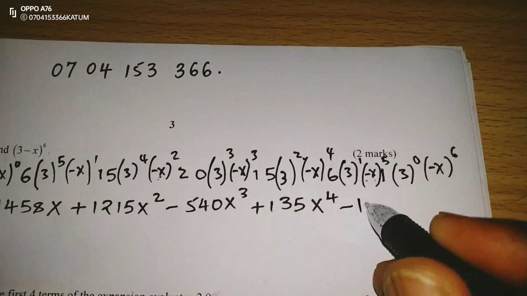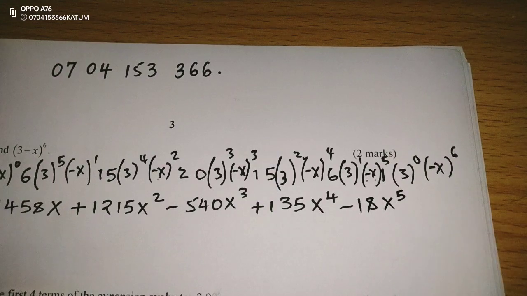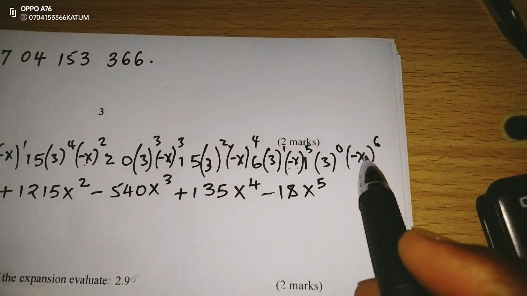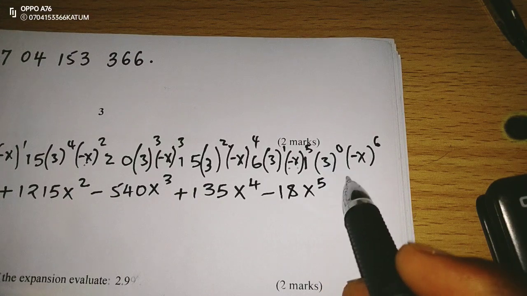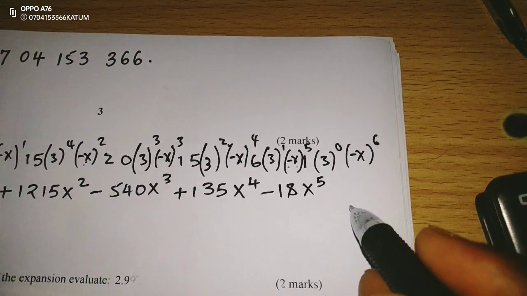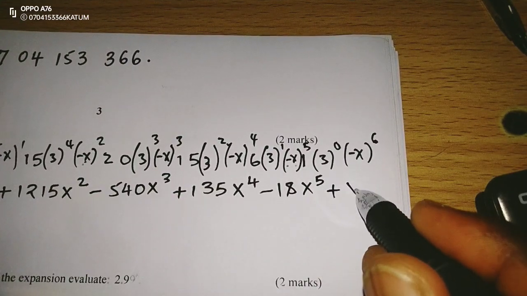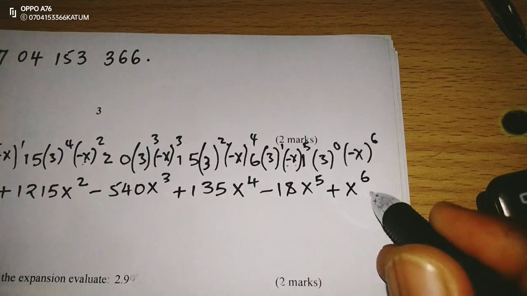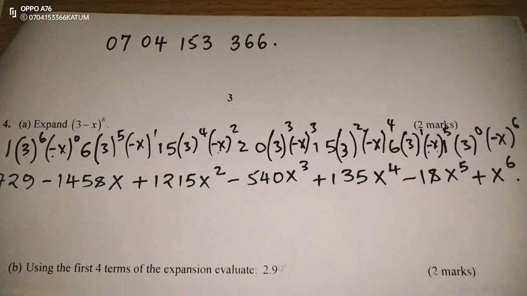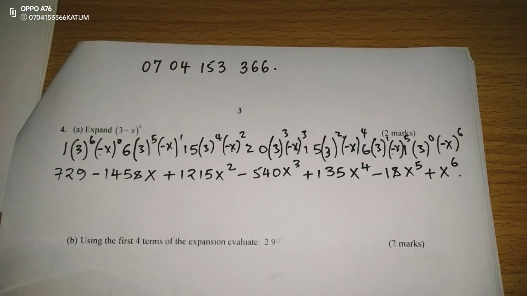So negative 18x to the power of 5. Then finally, 3 power 0 becomes 1, and we will have negative x power 6, which is a positive index. So this becomes positive x power 6. So now the expression is fully expanded. That is the binomial expansion.